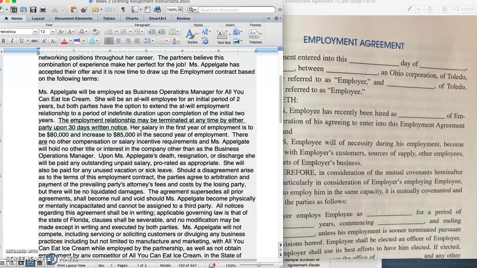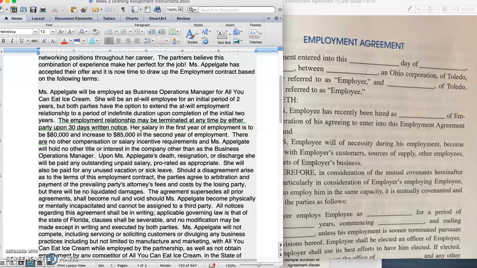So what you want to do, well, let me back up. There's no one exact way of drafting a contract or an agreement that makes it absolutely correct. Certain phrasing might be a little different, and different paragraphs might be in a slightly different order, but the overall goal is that you want the contract to contain all of the relevant terms and provisions that the parties have agreed to.